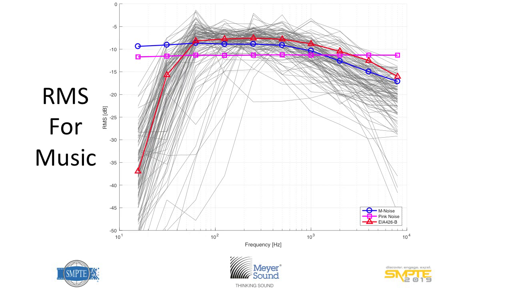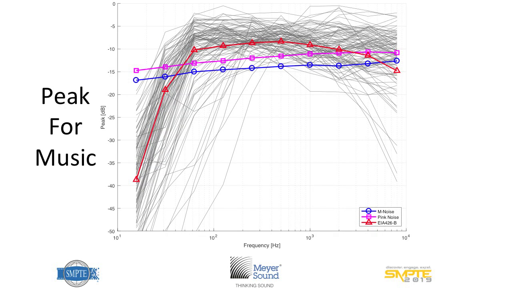And M noise, which is the signal I'm presenting, we very similarly roll off the RMS level at high frequencies. But it's a different story for peak levels. So now watch very carefully the gray lines as I switch from RMS to peak. Here we are looking at the peak levels in octave bands for all that same content.